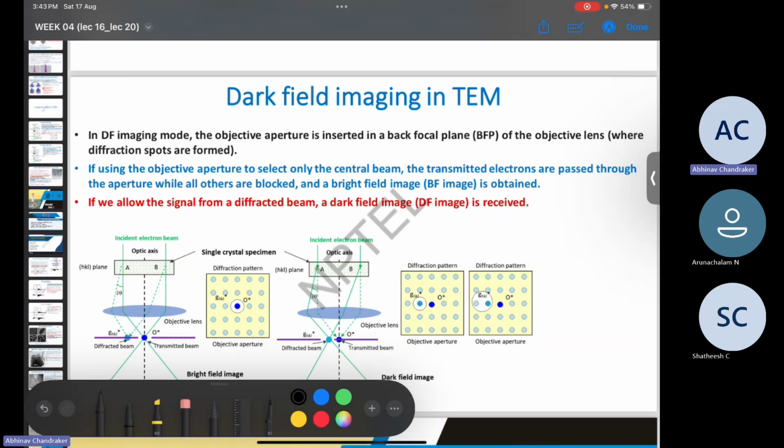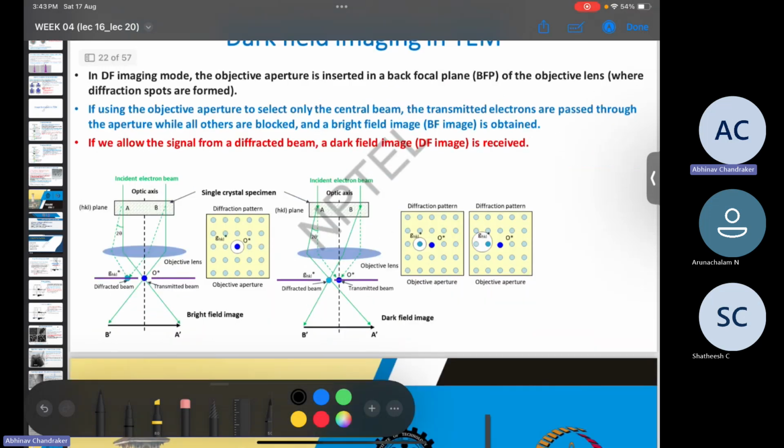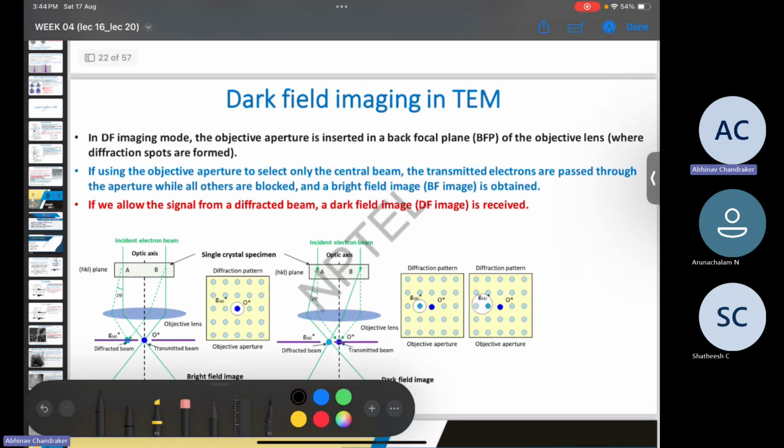In dark field imaging, just as in optical microscopy, we use the aperture in such a way that the diffracted beam is allowed to pass through and the direct beam gets blocked.